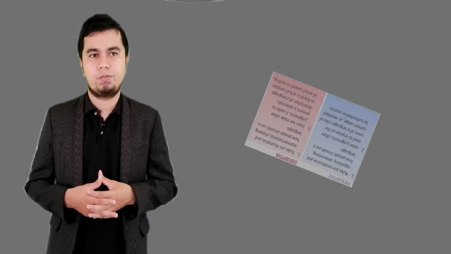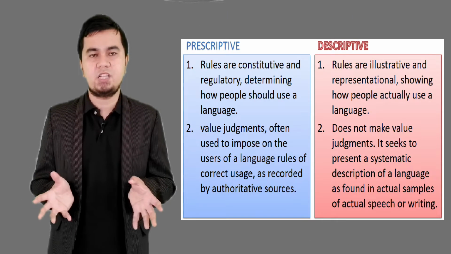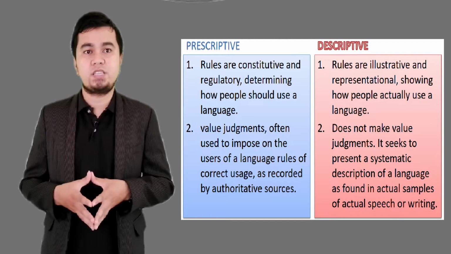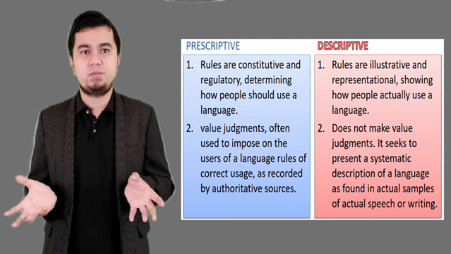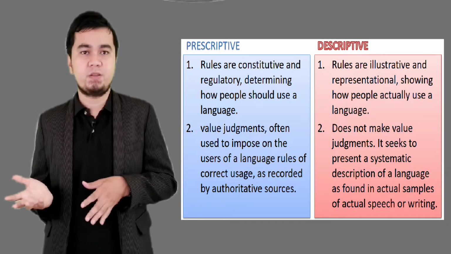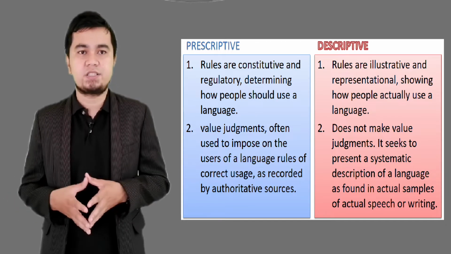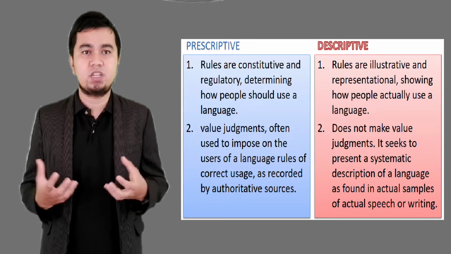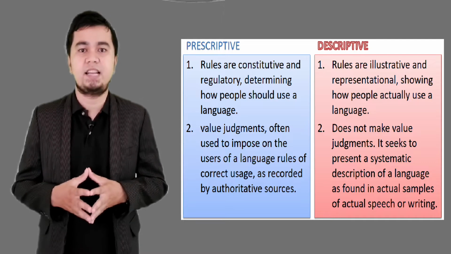We are going to compare and contrast our two grammars, descriptive and prescriptive, with this Venn diagram here showing the differences between the two. So in the prescriptive grammar, in general, the rules are constitutive and regulatory, determining how people should use the language, while in the descriptive grammar, the rules are illustrative and representational, showing how people actually use the language.